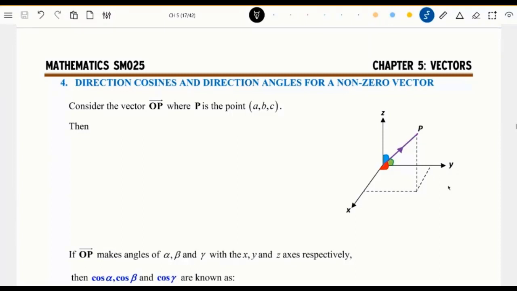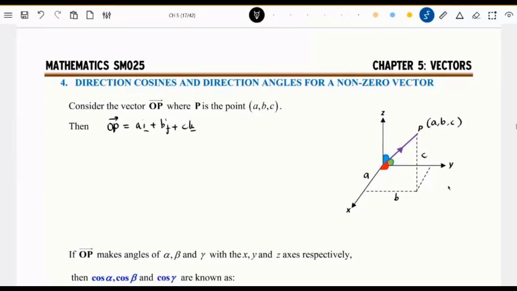So we know that your OP, okay, ini kita ada P. Your OP direction vector adalah, let's say, A, B, C. So coordinate dia adalah A, B, C. So we can have AI plus BJ plus CK.